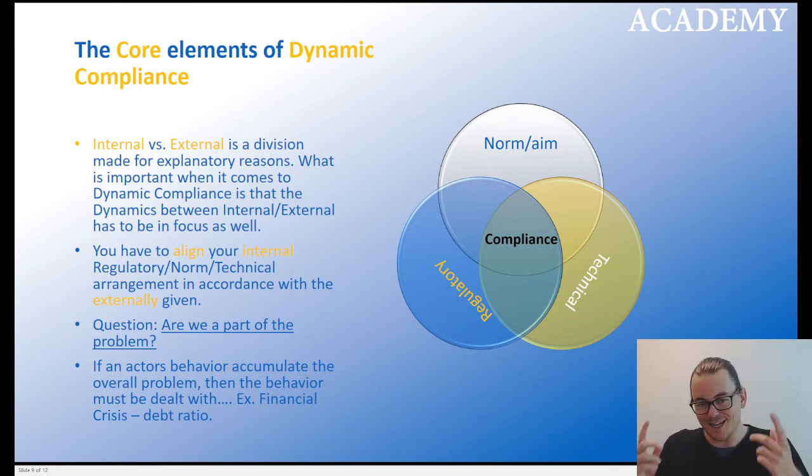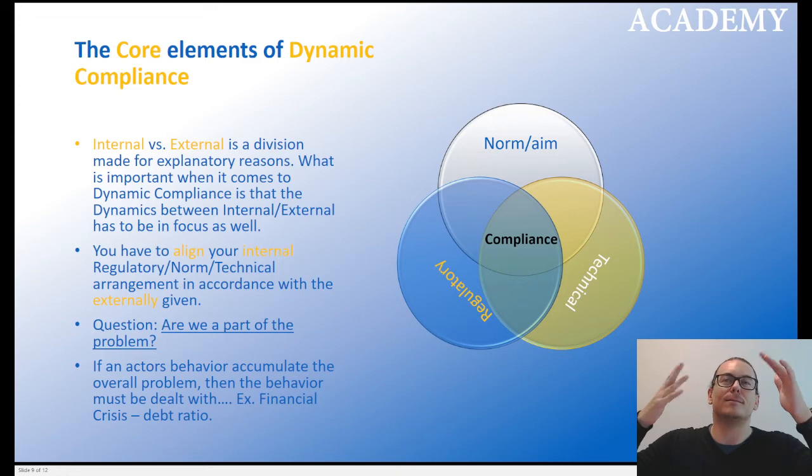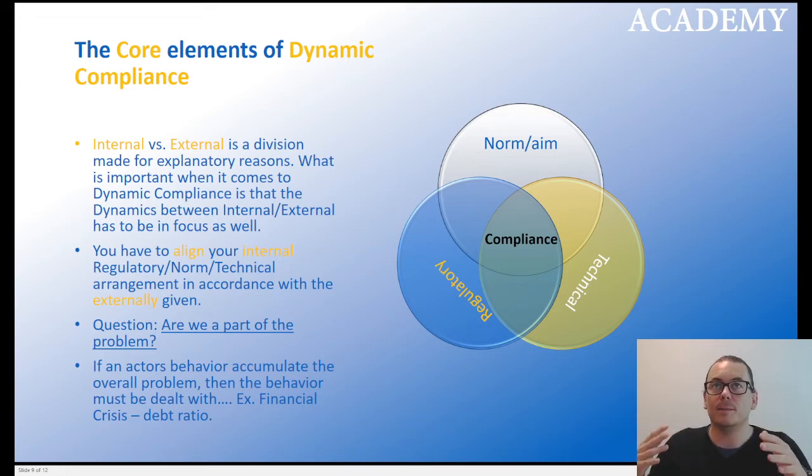One of the classic cases that I'll probably bring up many times is bank behavior before the financial crisis in 2007 to 2009. Here you could, as a bank, say, okay, so people's debt ratio is increasing. But what you have to ask yourself, that is the external environment.